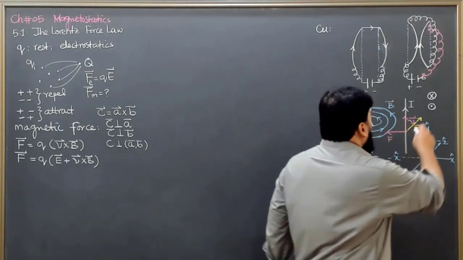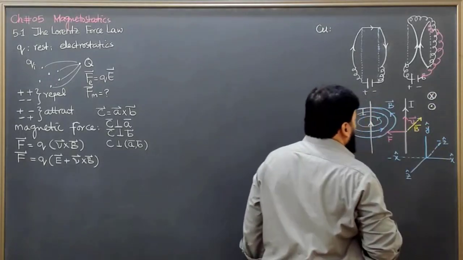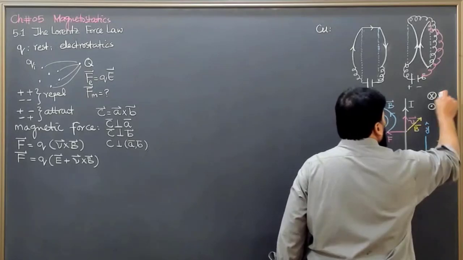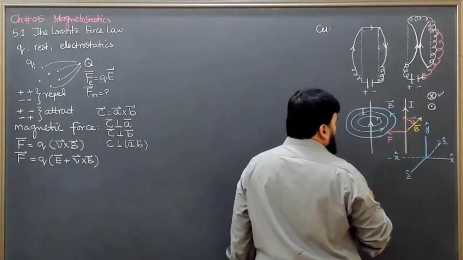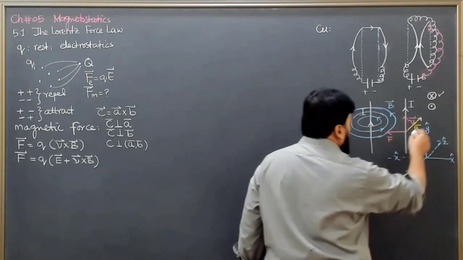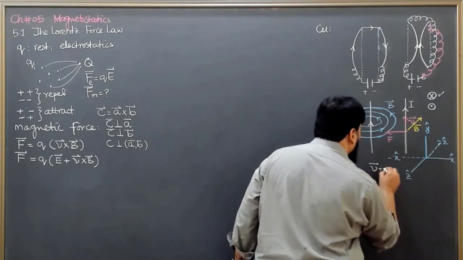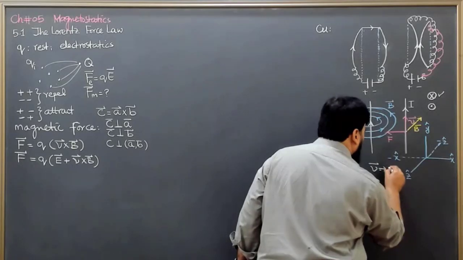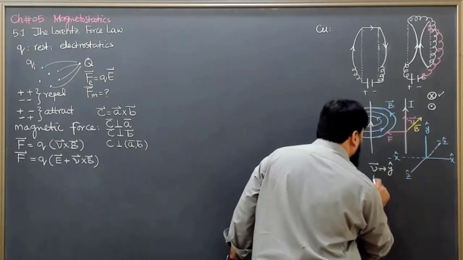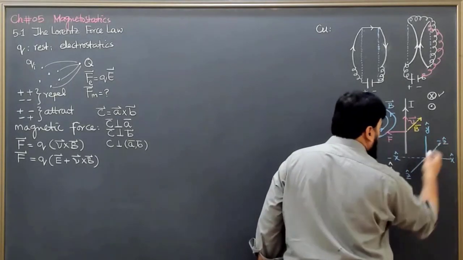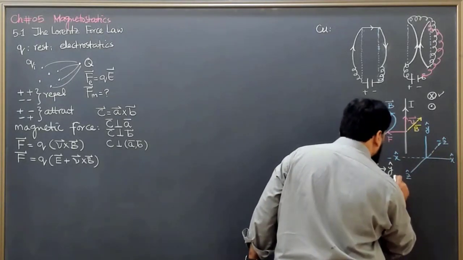So the magnetic field is basically into the board here. If I give direction to this one, then V is along the y-axis and B is along minus Z.